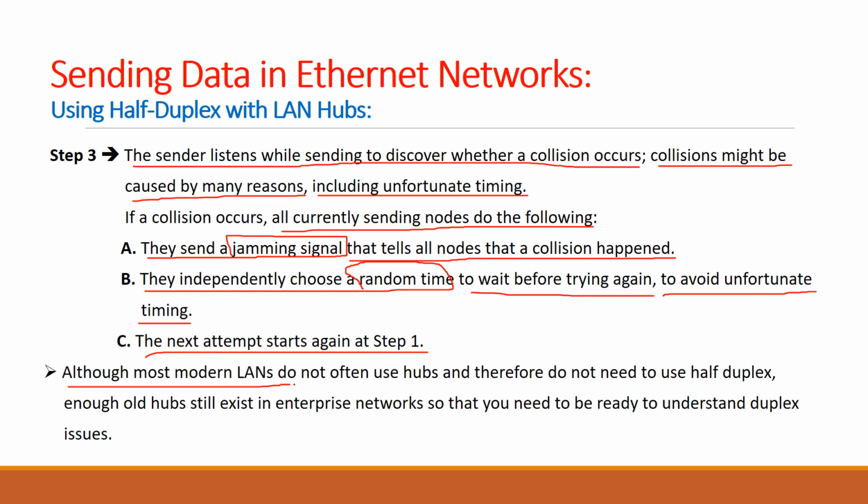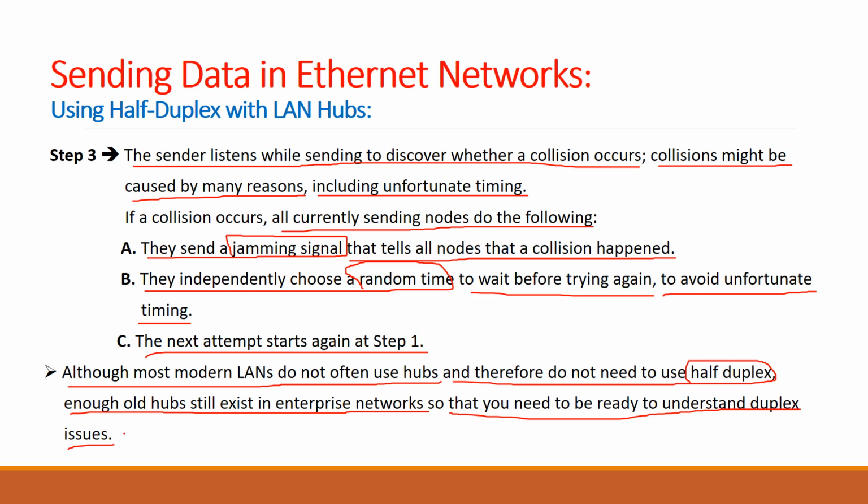Also, most modern LANs don't often use hubs, and this is a fact, and therefore don't need to use half duplex. Enough old hubs still exist in enterprise networks that you need to be ready to understand duplex issues.